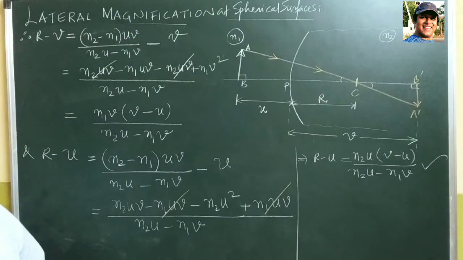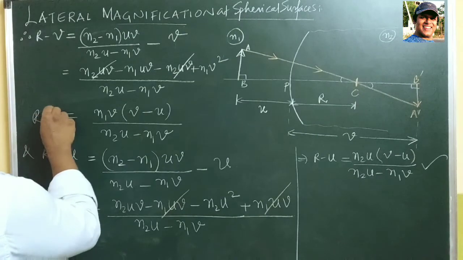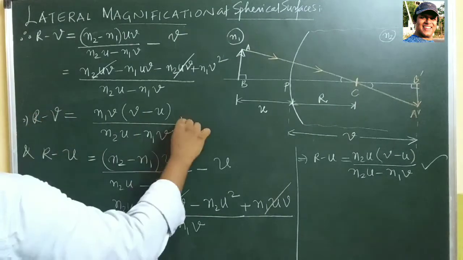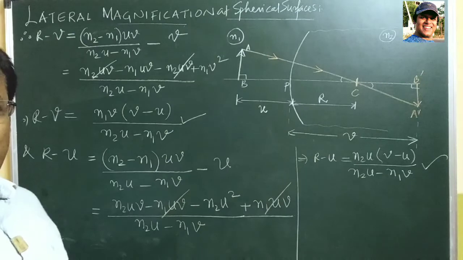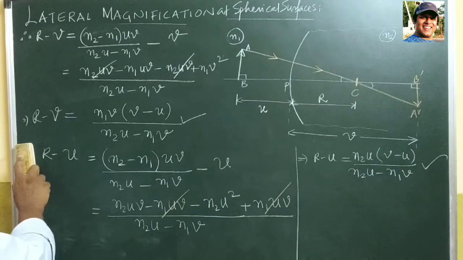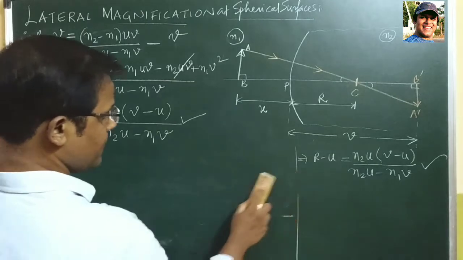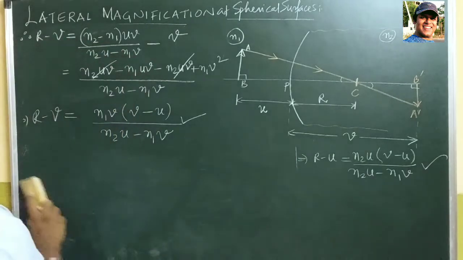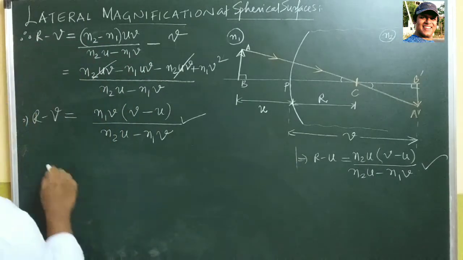That's your R minus U. This is your R minus V. These two equations we need, okay? Please note it down, those who are doing it. You can pause it and definitely do it. I need some space, so I get rid of this expression out here. So finally, we are about to finish it off.